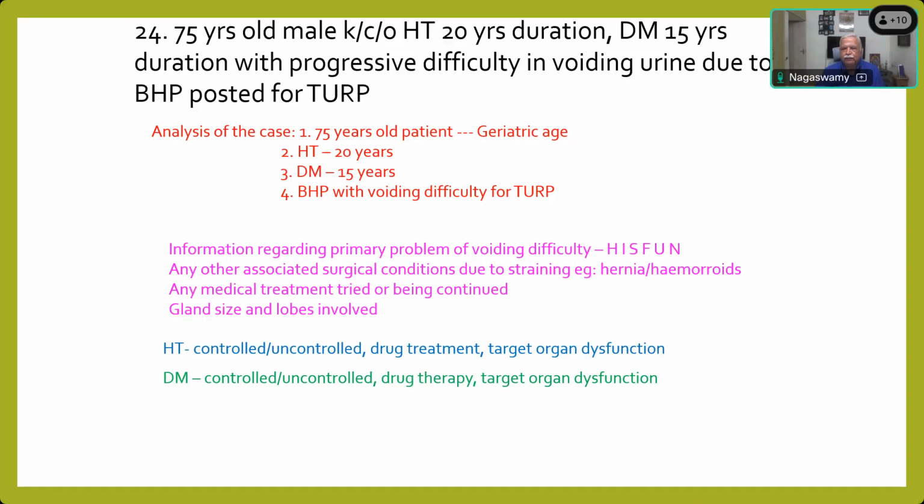Why? The patient is more prone to hypoglycemia, sir. So insulin will cause more hypoglycemia. Is it the reason for not switching over to insulin? Hypokalemia, electrolyte dysfunction.